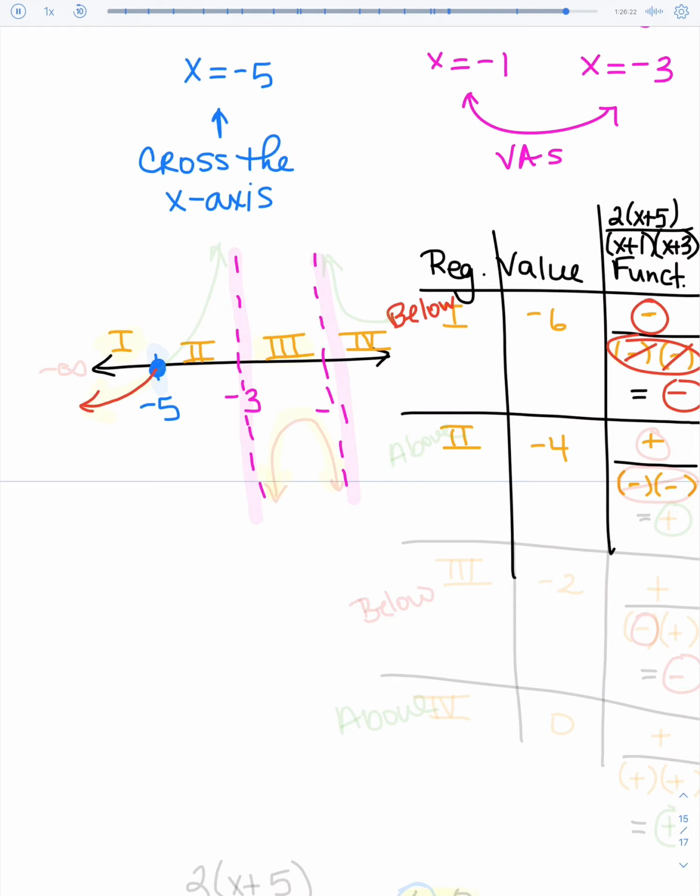Just like before, though, the 2 negatives on the bottom will cancel each other out, so you'll just have the positive on top, which means our final answer here for something in the region 2 will end up always being positive, which means we'll end up being above the x-axis. So we'll continue getting close to the asymptote and being above the x-axis. Okay, continuing along, let's see.